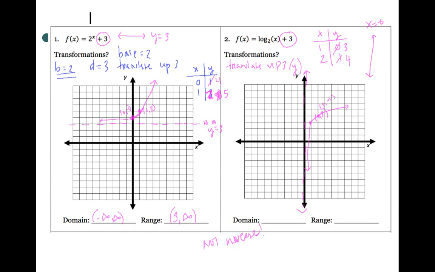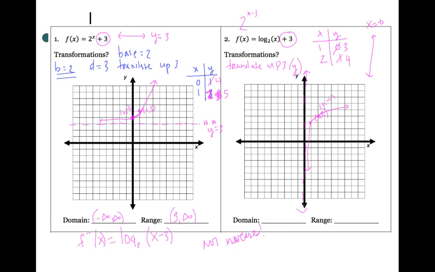If I wanted them to be inverses, f inverse of x would have been, let's see, log base 2 of, instead of it going up 3, I wanted to go right 3, so it would have to be minus 3. And the inverse of this would have to be 2 to the power of x minus 3. So not inverses of each other, actually.